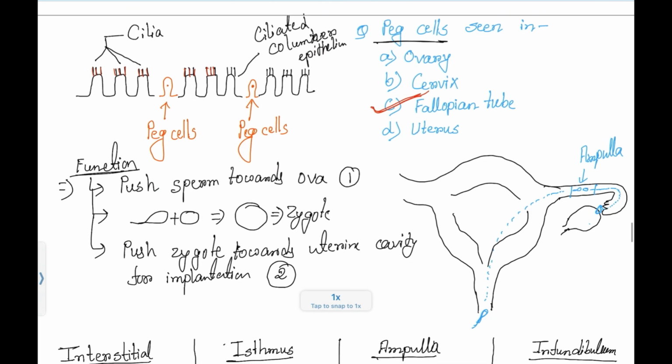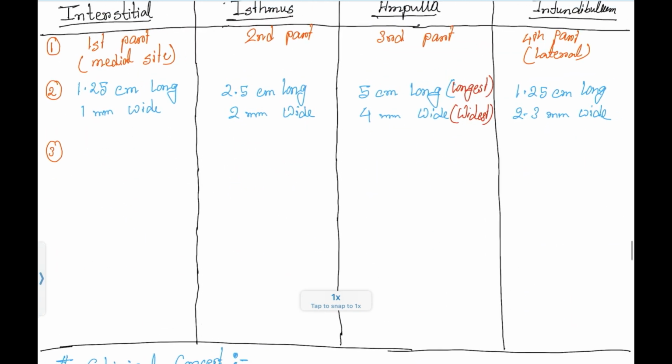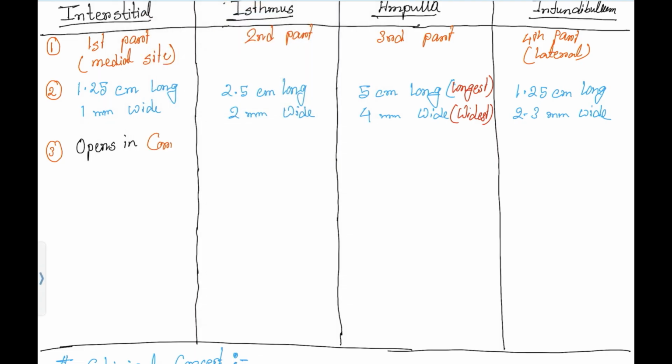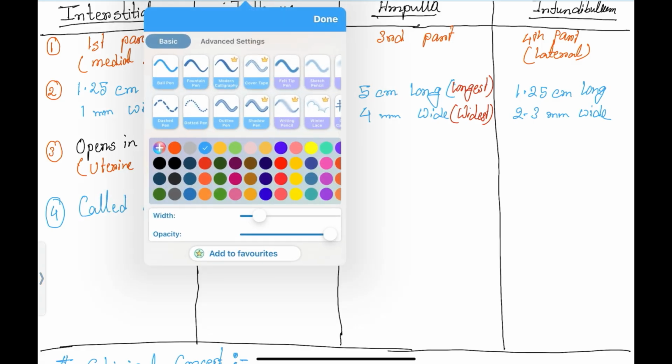So what you need to remember about this intermural portion: where does it open? It opens in the cornua region, or we can call it the uterine angle. And another thing you need to remember is that it is called the anatomical sphincter.